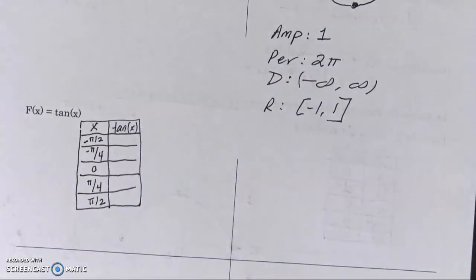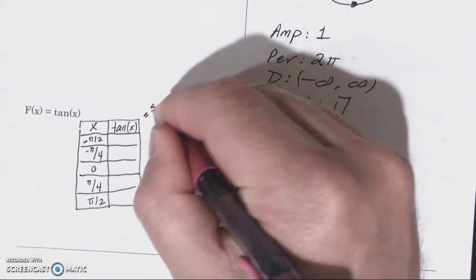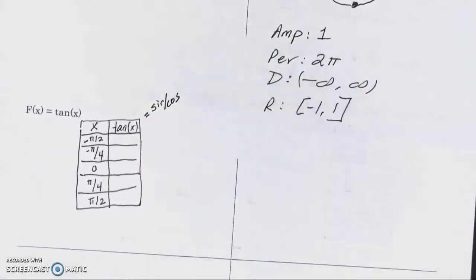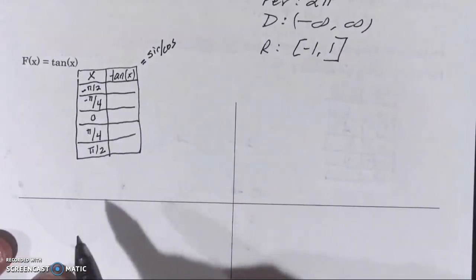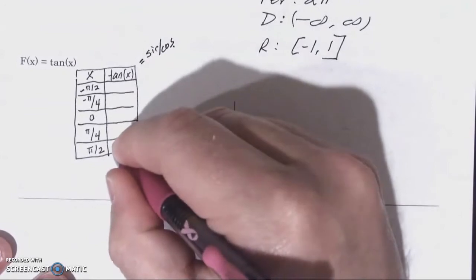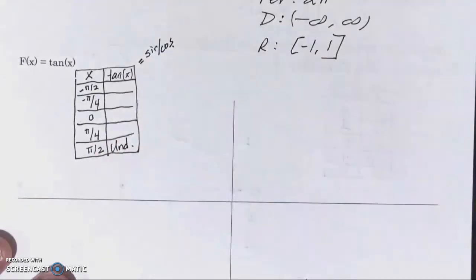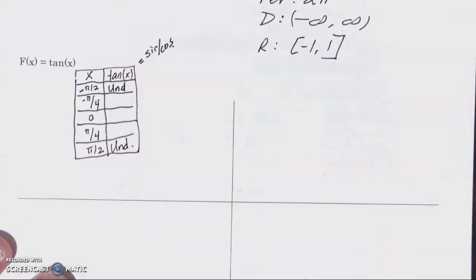Okay. Now straight off your unit circle, tangent is sine over cosine, remember. All right. As you can see, cosine is 0 at pi over 2. I'll show you the graph. If cosine is 0 at pi over 2, and tangent is sine over cosine, then at pi over 2, tangent is undefined. It's also undefined at -pi over 2.